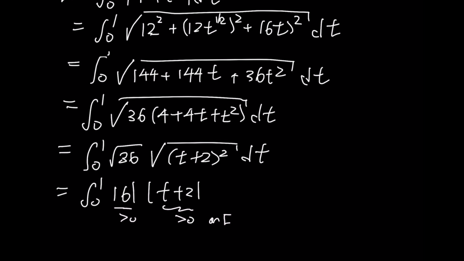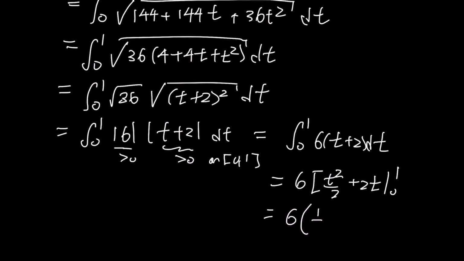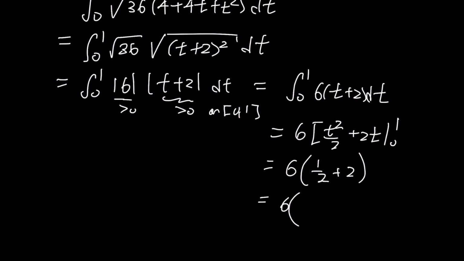So this integral is simply 6 times t plus 2 dt. So at the end of the day, this is going to give you 6 times t squared over 2 plus 2t evaluated from 0 to 1. So that's 6 times a half plus 2. So you're going to get 6 times 5 over 2, which is going to be 15.